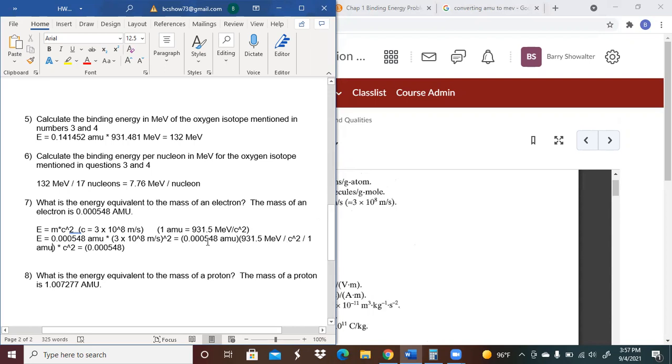So the AMU portions cancel, and of course, the C squares cancel. So I'm left with this times 931.5 MeV.